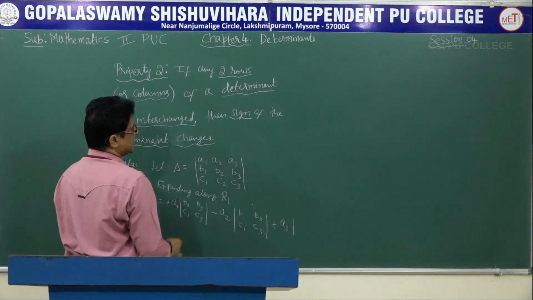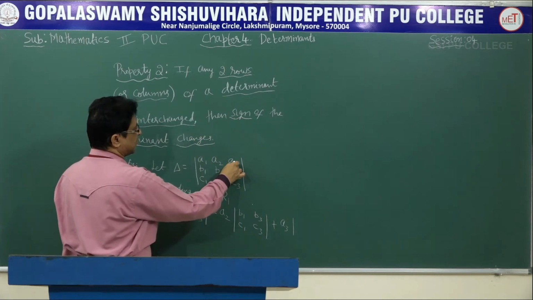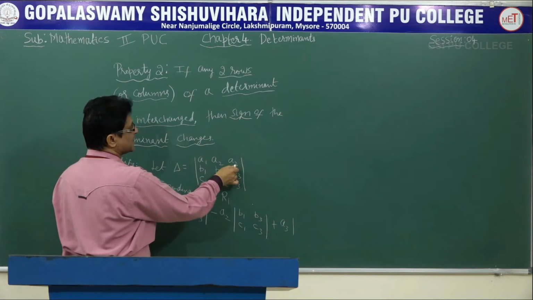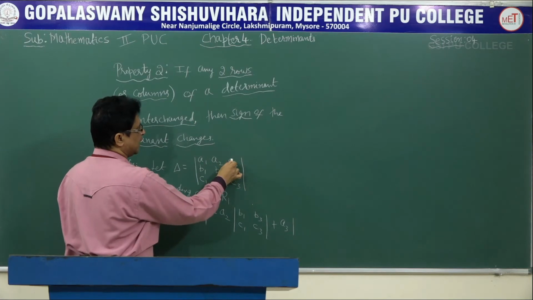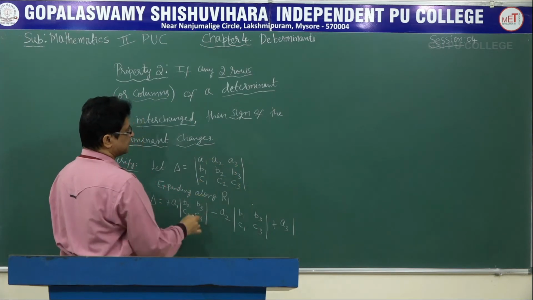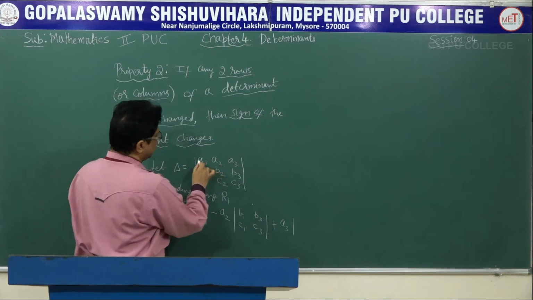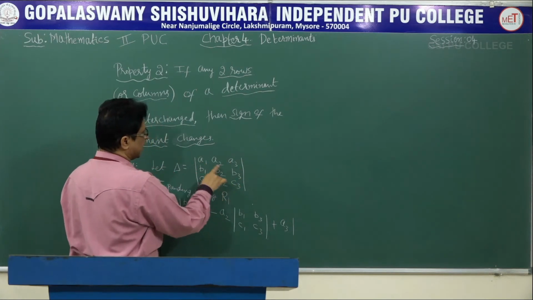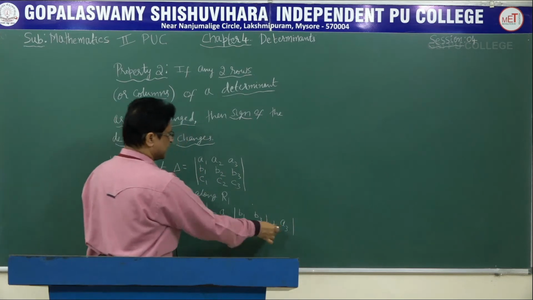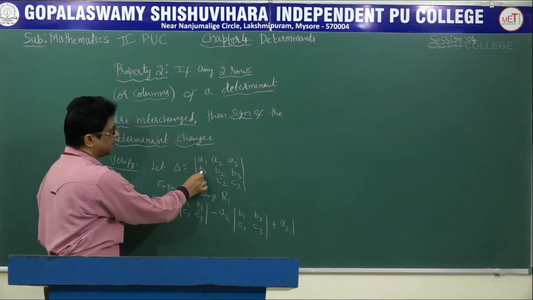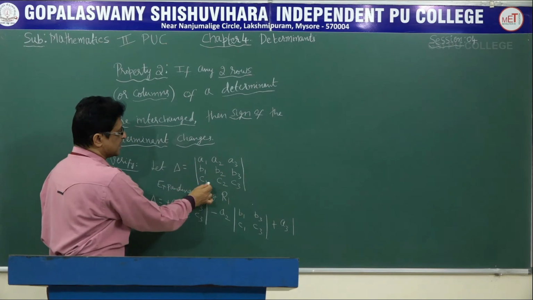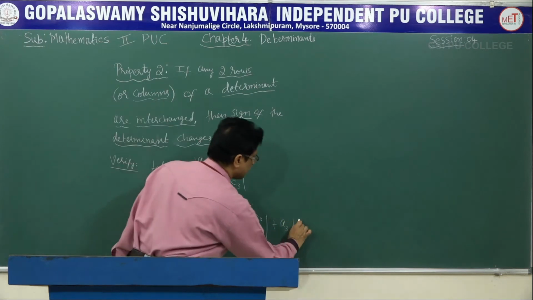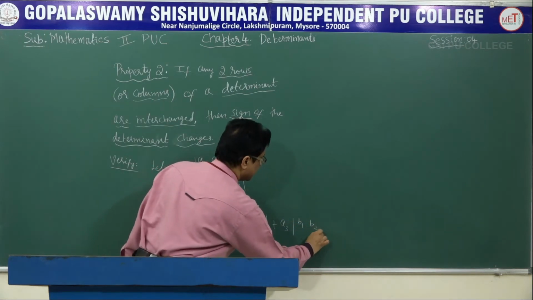A3 lies in the first row and third column. So we eliminate the first row and third column and take the determinant of the remaining elements, that is B1, B2, C1, C2.